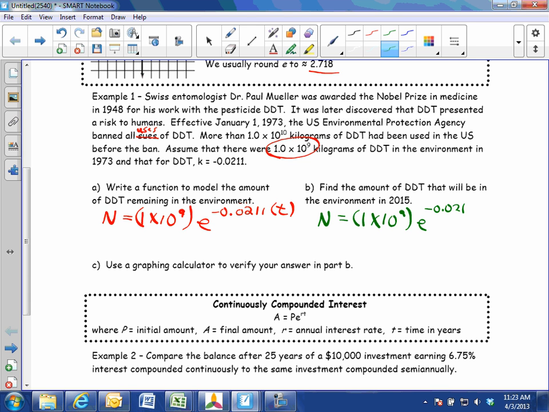No, we're going to switch it out, because we're starting from 1973. So what's 2050 minus 1973? 77. So that's our t.